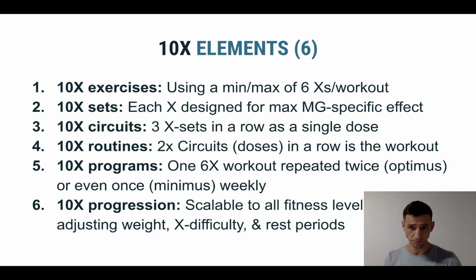Each of those exercises is executed based on our 10x strategy, based on the 5 strategies that we talked about: targeted muscle failure, sequential recruitment, accentuated negatives. Those are really the key strategies that we implement in every exercise.